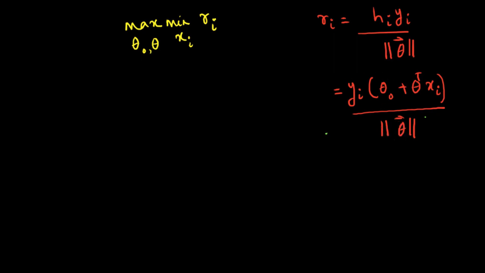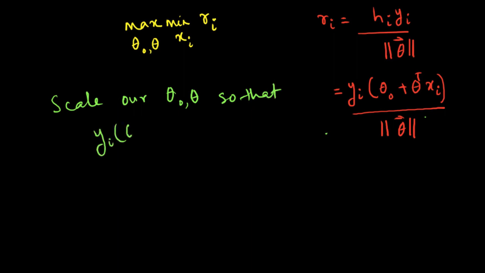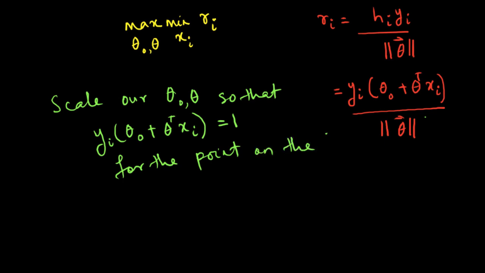So what we do is that we scale our theta 0 and theta so that yi times theta 0 plus theta transpose xi is equal to 1 for the point on the margin.